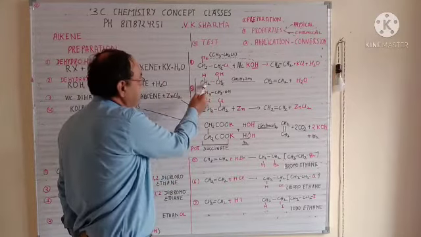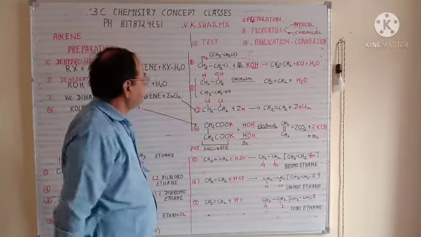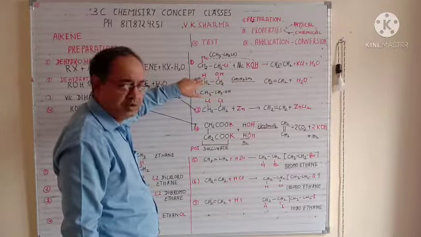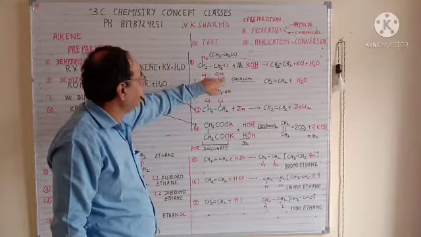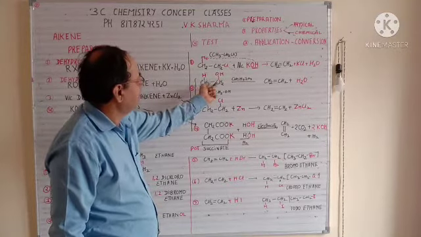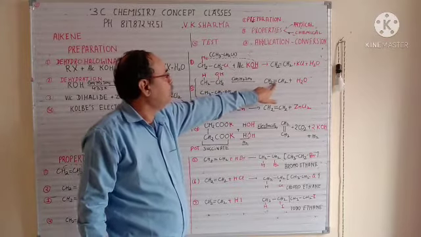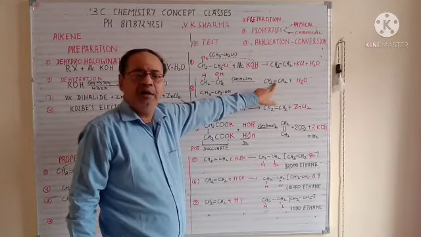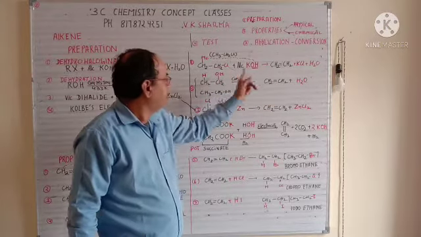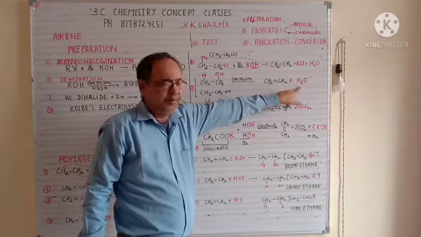Basically it is CH3CH2OH. The OH from one carbon and hydrogen from the next carbon will always form water. So your left portion is CH2CH2, and to balance the carbon valency, it will go into double bond formation. So this is CH2=CH2, with removal of water.